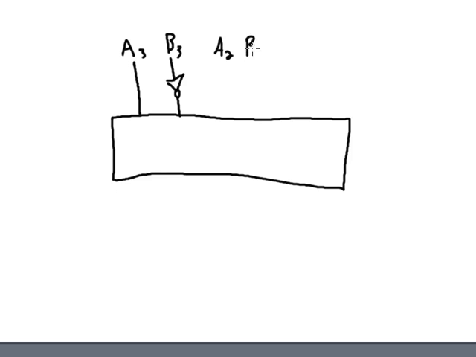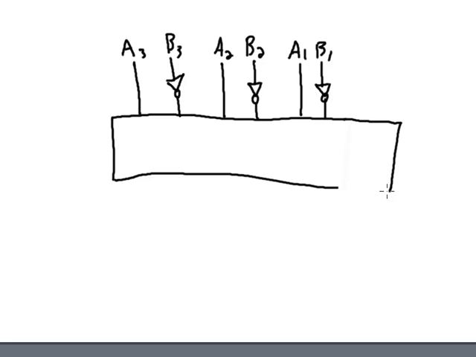A2, B2: A2 goes straight in, B2 gets inverted. A1, B1: A1 goes straight in, but B1 gets inverted. And I made my adder a little bit too small. A0 and B0: A0 goes straight in, B0 gets inverted. So that does the inversion of all the bits.